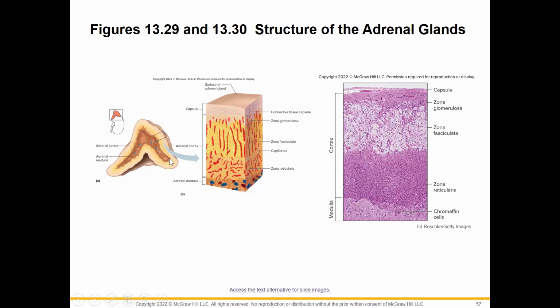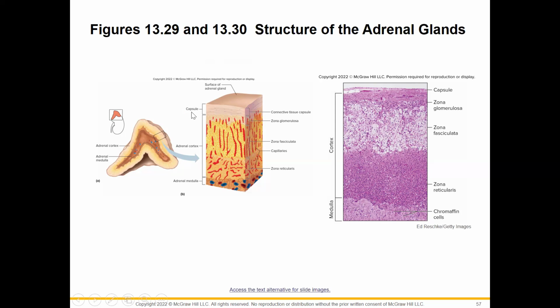So, looking at the adrenal gland, here is the medulla, this space here, and the lighter spaces on the outside is the adrenal cortex, and it's this outer layer that has the three zones. So if we took this little bitty snippet and we enlarged it, this would be the outside or the exterior of the adrenal gland. So that part right there.